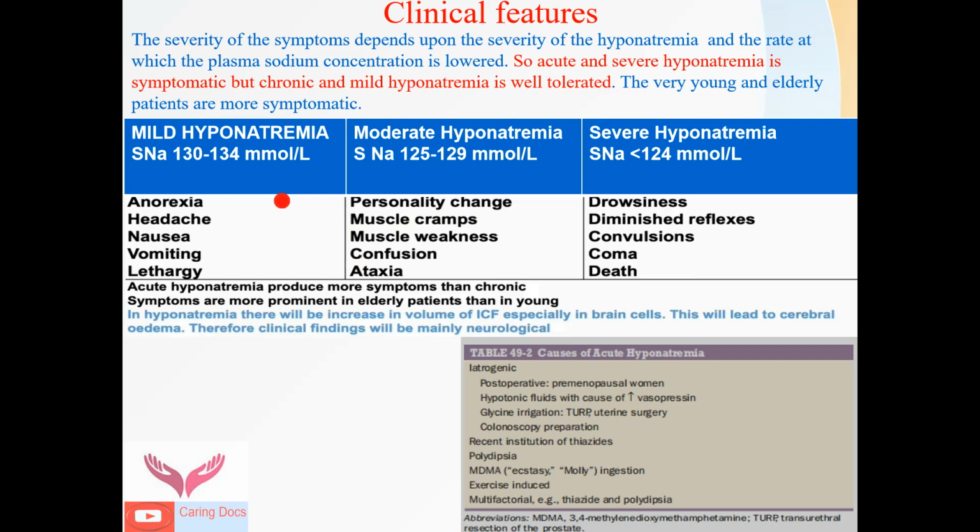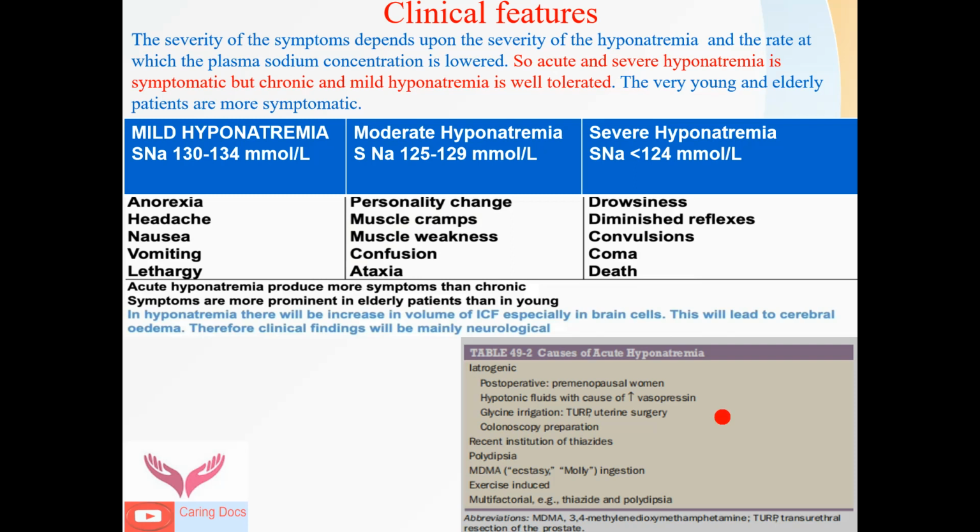The causes of acute hyponatremia are usually iatrogenic, meaning post-operative, for example premenopausal women, and patients who are given hypotonic fluids, which cause increased secretion of vasopressin. Patients of TURP or uterine surgery who are given glycine irrigation, and colonoscopic preparations.